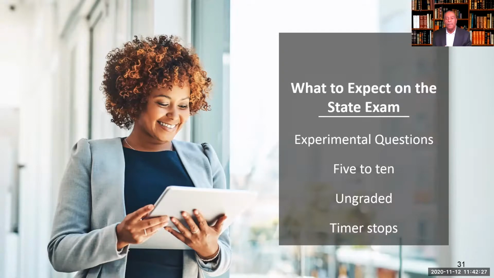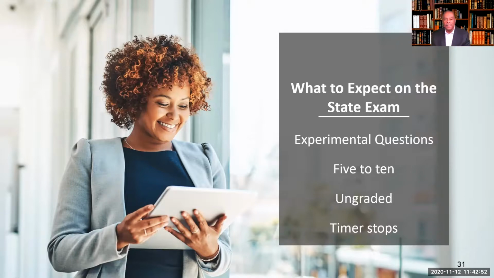But in the state exams, they may have additional questions, what we call experimental questions. There could be 5 to 10. Now relax. Those questions aren't graded, and when you answer those questions, your timer will stop. You will not know which they are.